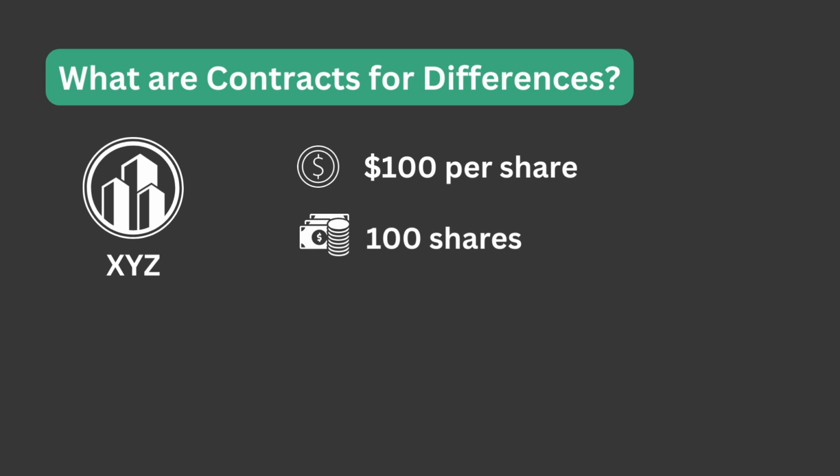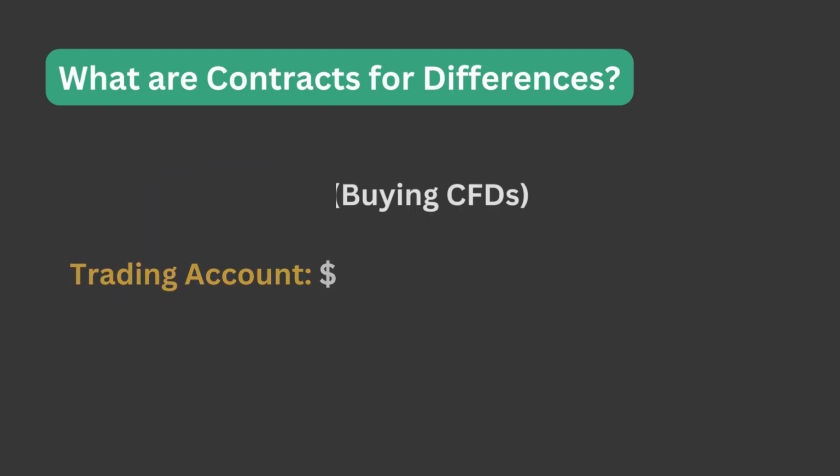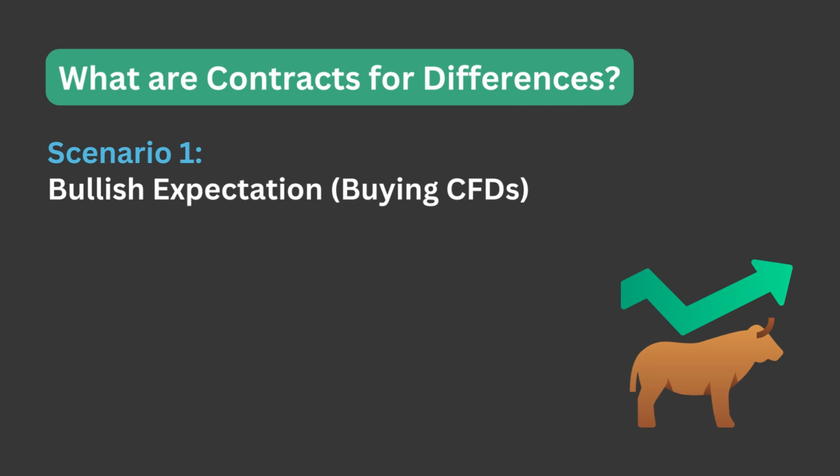The CFD provider offers a leverage of 1:10, meaning you only need to deposit 10% of the total trade value as margin. In this case, the total trade value would be 100 shares multiplied by $100 per share equals $10,000. Since you are only required to deposit 10% as margin, you would need to have $1,000 in your trading account. Now, let's consider two scenarios.